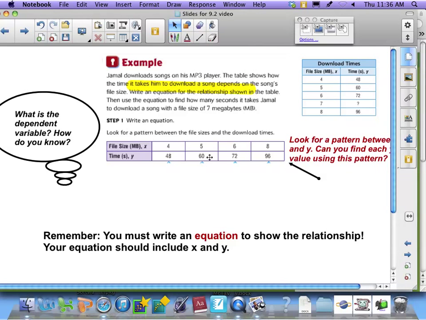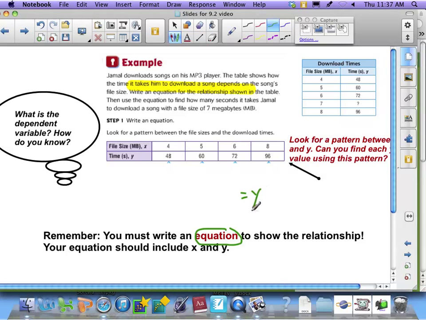So in this problem we have a table. The x values are file sizes of MP3s, and the y values are times it takes to download. In this one we're going to write an equation to show the relationship between the x and y values. Remember, it's an equation, so there has to be an equal sign.